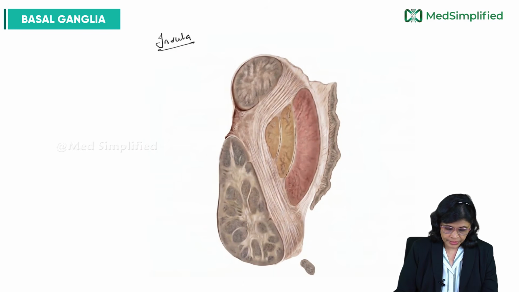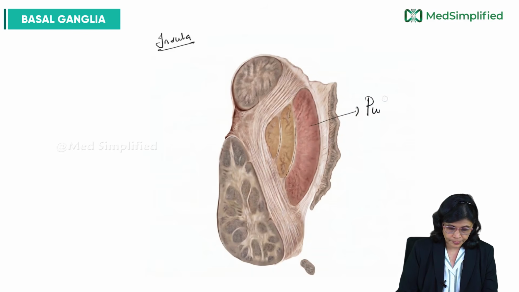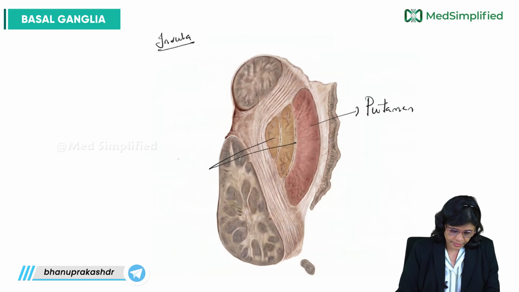Here a vertical plane of white matter, called the external medullary lamina, divides the lentiform nucleus into a larger part, the putamen, and the globus pallidus.